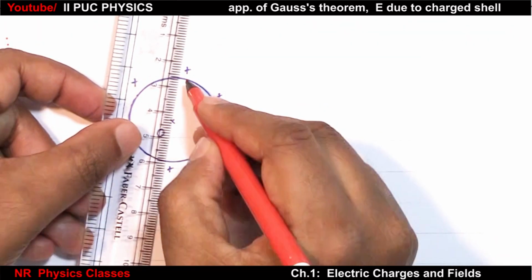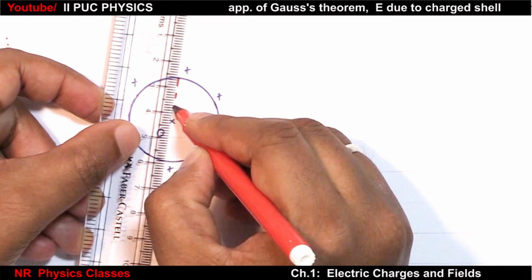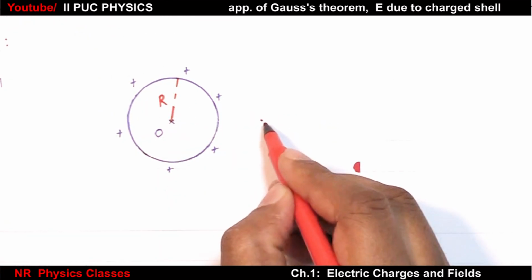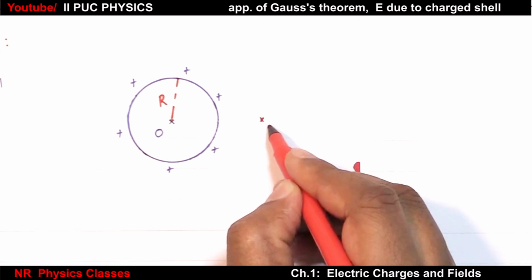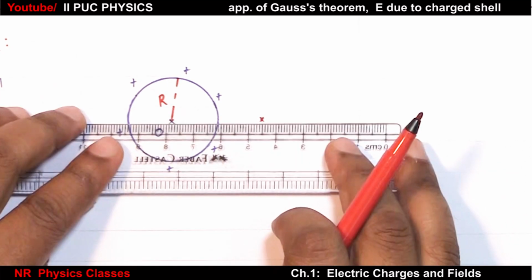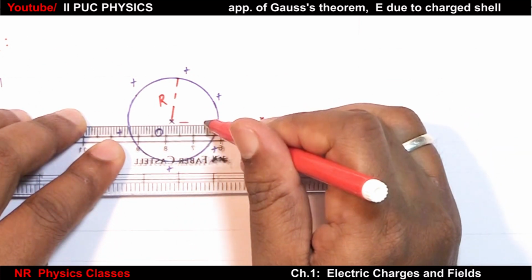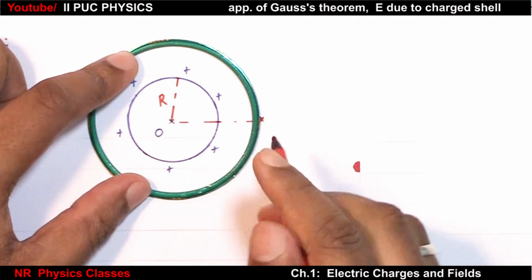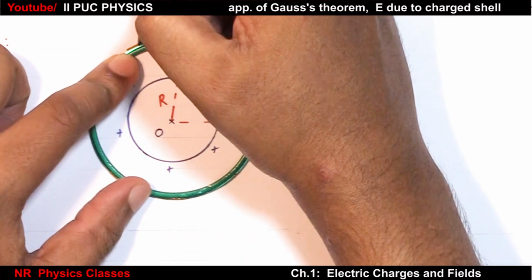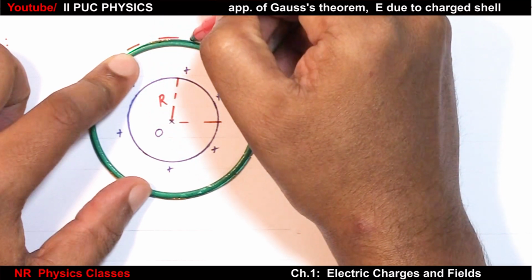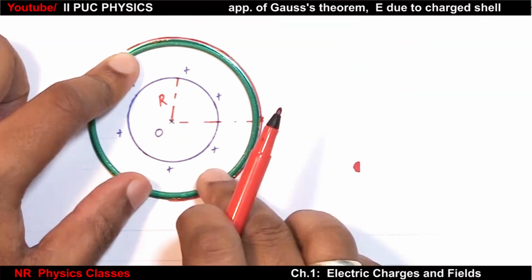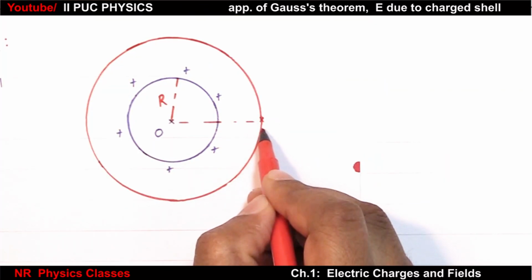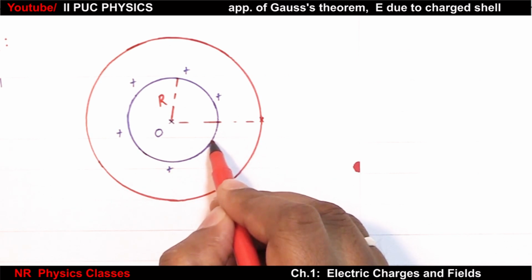The radius of the shell is capital R. Let P be a point outside the shell at a distance r from the center. Keeping r as radius, a Gaussian sphere is constructed. So this is the Gaussian sphere, and this is the conducting shell.